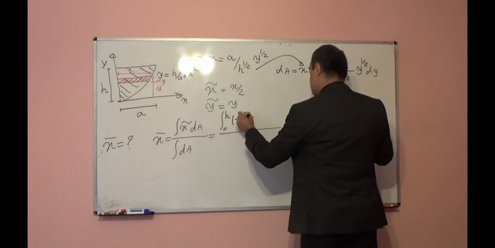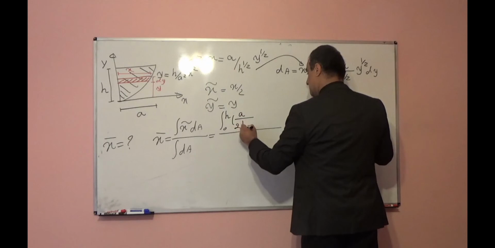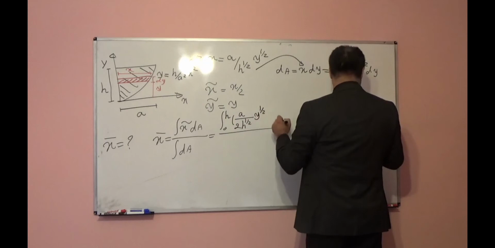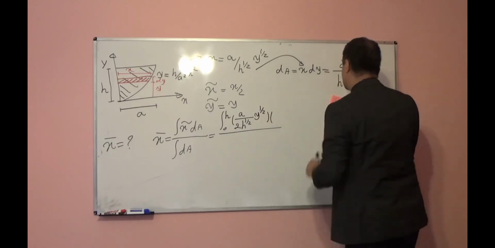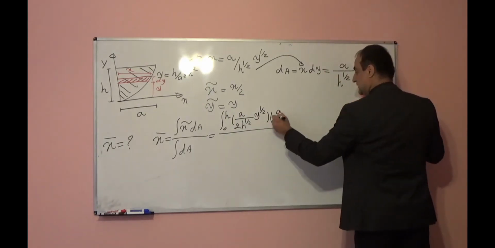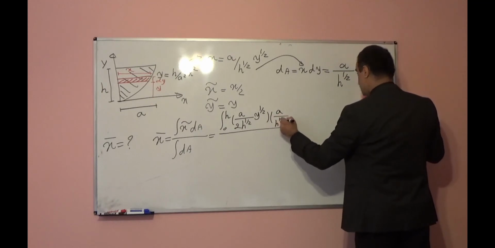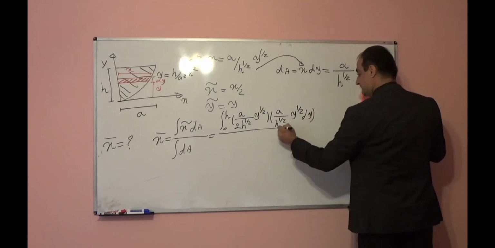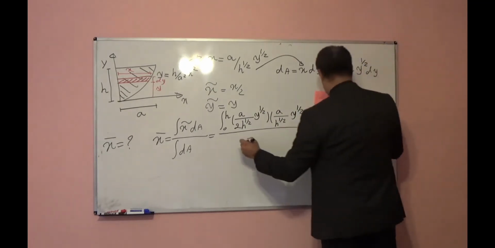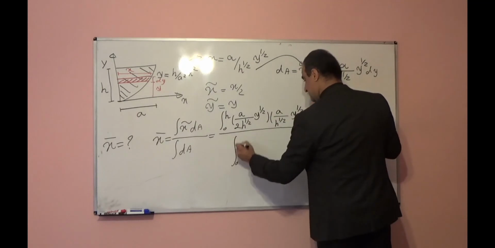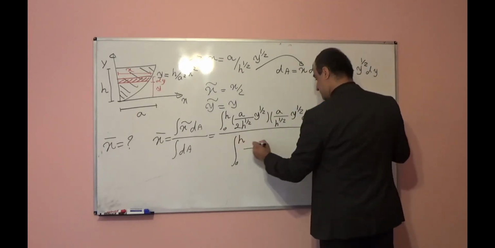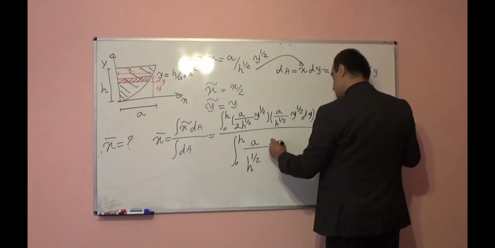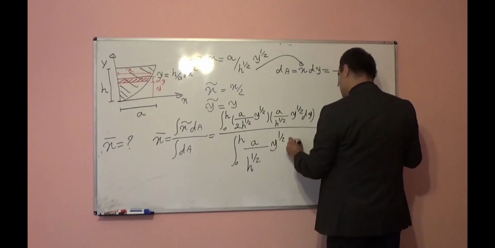That will be a divided by 2h to the power of 1 over 2, y to the power of 1 over 2, times dA. I have here a over h to the power of 1 over 2, y to the power of 1 over 2, dy, divided by integration 0 to h, a divided by h to the power of 1 over 2, y to the power of 1 over 2, dy.